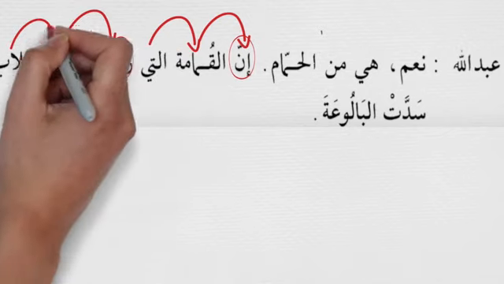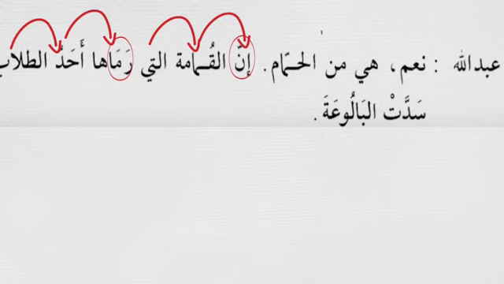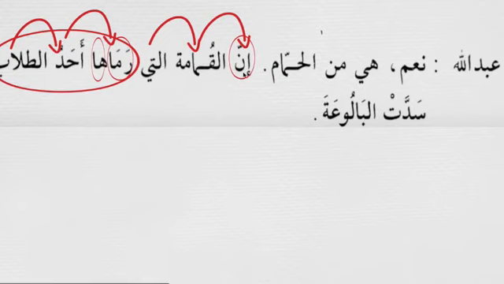But ha is here, for qumamatun. And this whole thing, Ramaha Ahadu Tullabi, is a silatul mawsul for allati, and still it is connected to al-qumamata. So we haven't reached the khabar of inna. So inna al-qumamata allati ramaha ahadu tullabi saddat. Here saddat is your khabar inna.